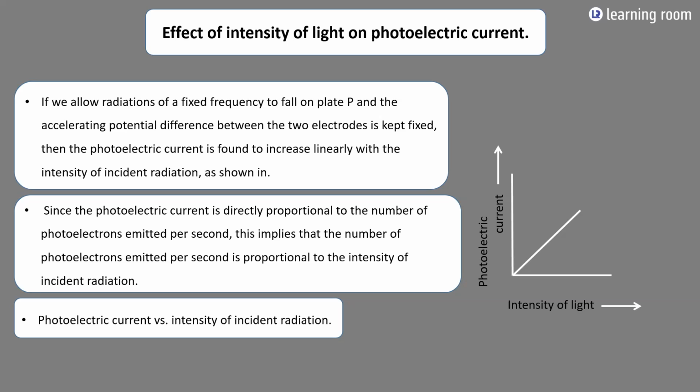Listen to this very carefully. First, I need to explain what exactly intensity means. So you have this torch light. When this torch light is kept near my hand, you're able to see my hand brighter. If I take it slightly away, my hand is brighter, but not to the previous extent.